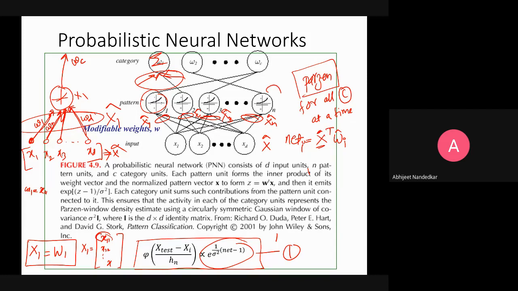We are creating different windows here. Say like this. So whenever the input falls in these windows, if it is falling in this window, it will produce some output. Okay, so if it is producing some output, all such outputs we are going to sum, and that will be the final outcome of that category.